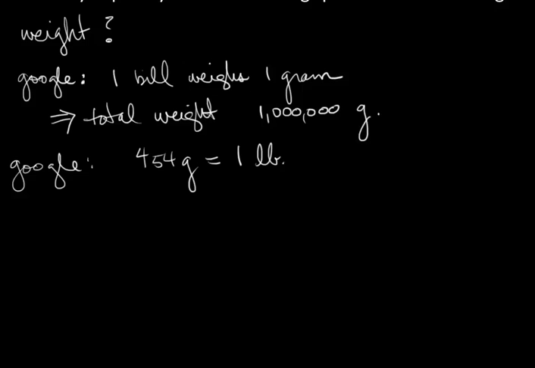So dividing 1 million by 454, I get the total weight. Means that the total weight of the $1 million is, dividing 1 million by 454, I get approximately, and I'll use these little curly equal signs, approximately 2,202 pounds.